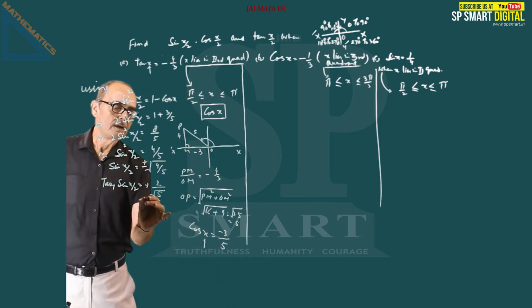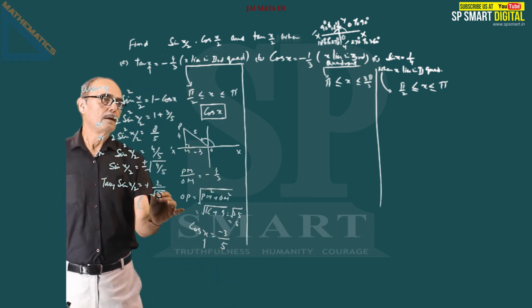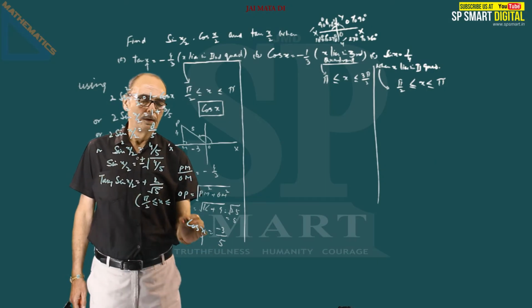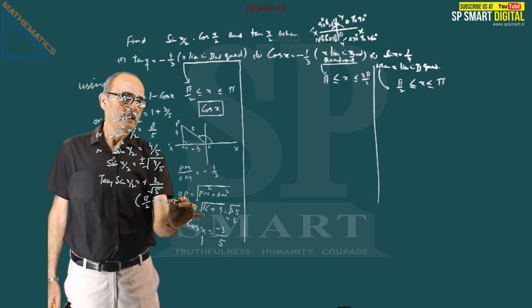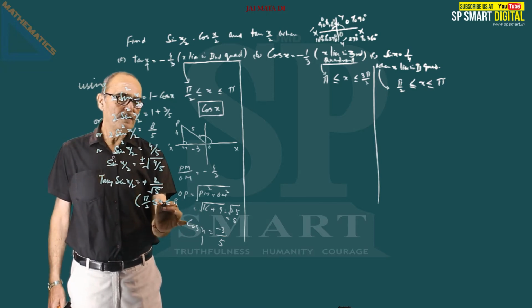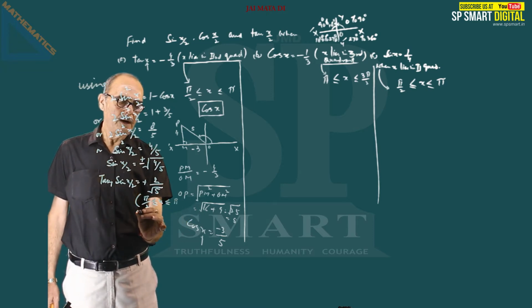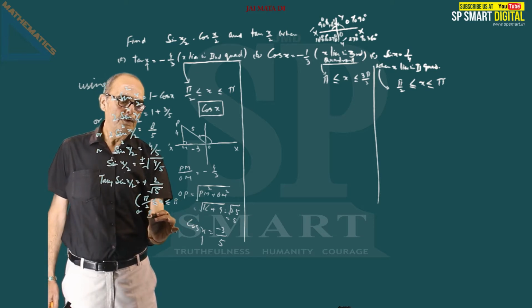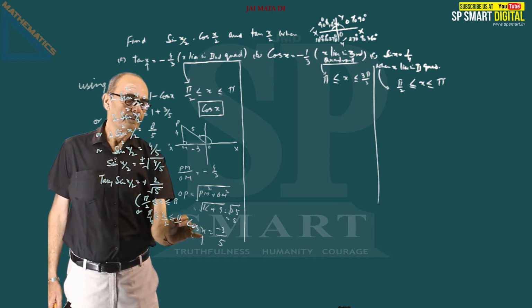Here x lies between pi by 2 and pi. Since we want x by 2, dividing throughout by 2, pi by 4 is less than or equal to x by 2 less than or equal to pi by 2.